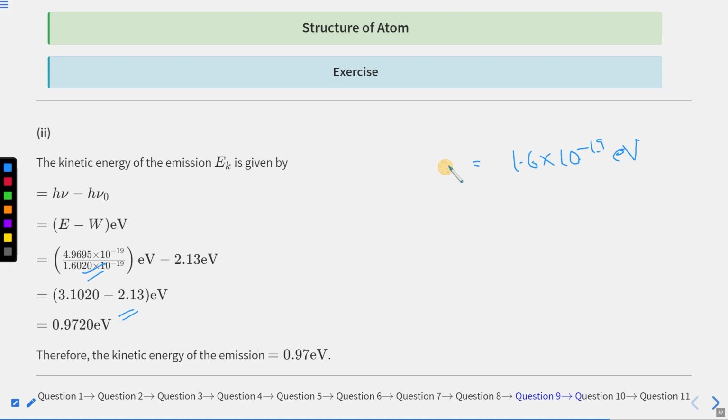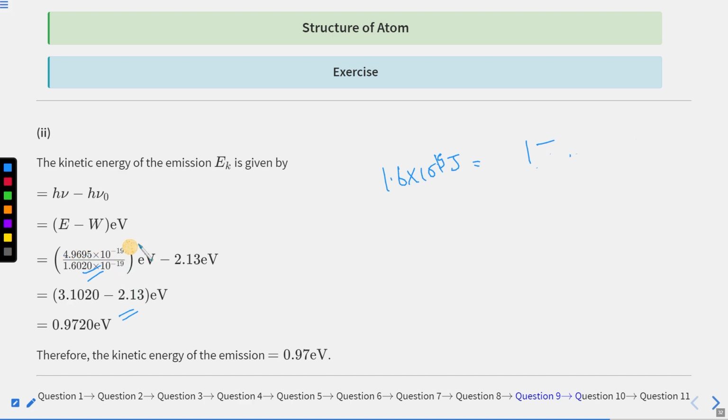I'm getting confused here. You have to convert this joule value to electron volt. So here we will write it as 1.6 into 10 to the power minus 19 joule is equal to 1 electron volt. Yes, it's clear. So this is written wrong here.